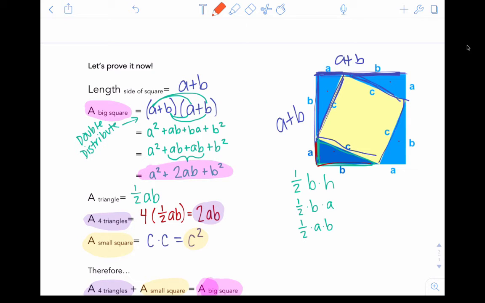And then from there, we just found the area of the triangles and the area of the small square that they created and added those together to equal the area of the big square. And when we did that and simplified it down, we were left with the Pythagorean theorem. So this is now proven.